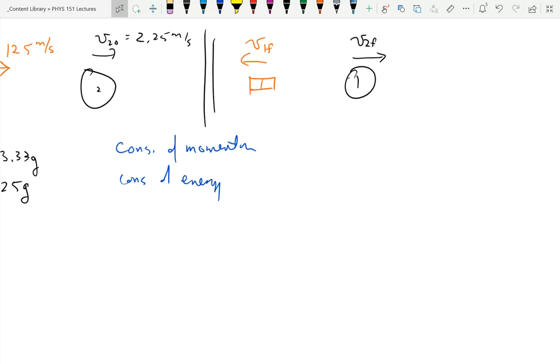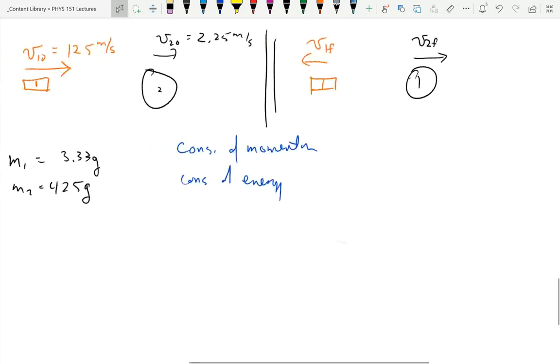Okay, the work energy problem here, we would have too many unknowns to do it that way. We don't have any potential energies here, so we don't have to worry about that. But we have kinetic energy 1, kinetic energy 2, the initials and the finals. That gives us one of our two relationships, but we can't just do that. We have to have two relationships because we have two unknowns. What are my two unknowns?